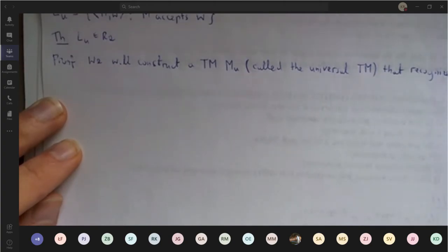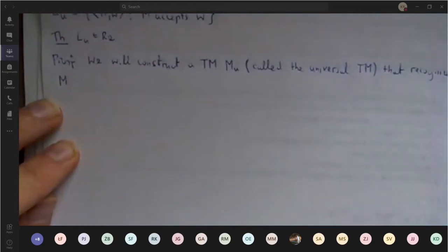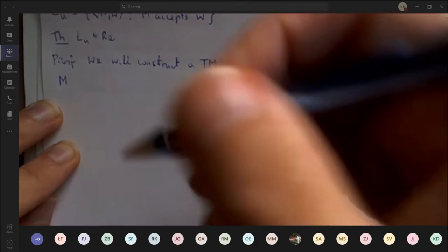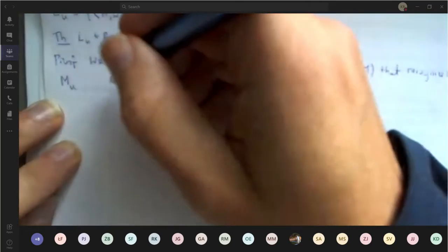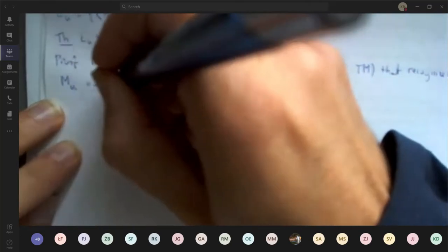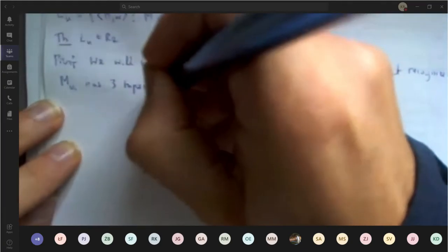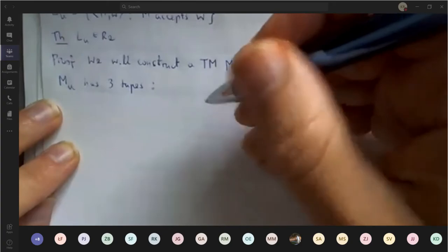So I will use a model of Turing machine which has three tapes. We know that if we consider only the set of languages accepted by Turing machines, this model is equivalent to the basic one. So I will construct a three-tape Turing machine, but that means that there exists a basic model of Turing machine that accepts the same language. MU has three tapes.